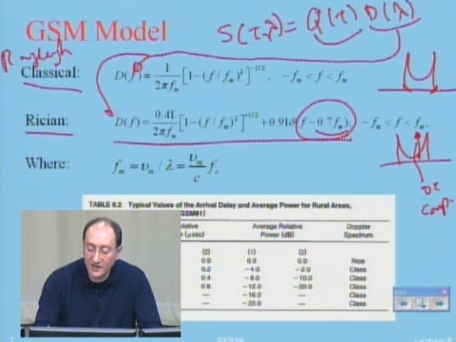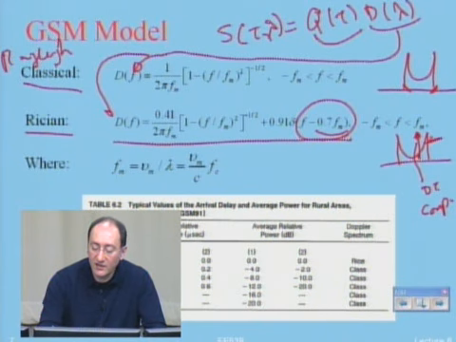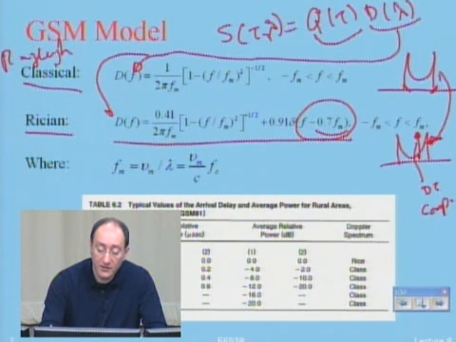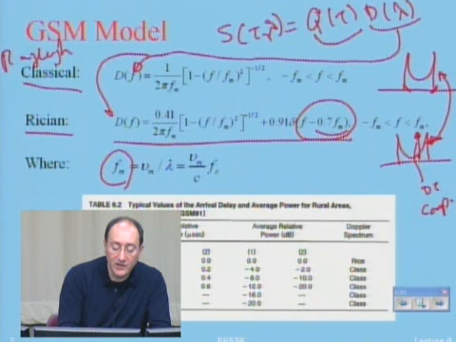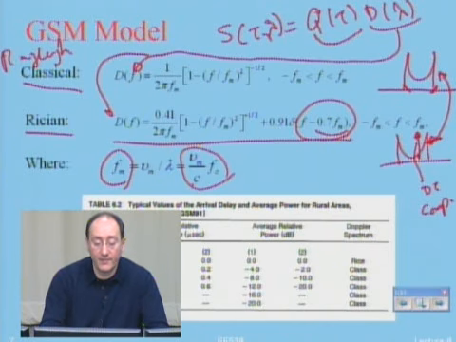And this is the DC, and this is the Rayleigh variations, which is similar to the other one. Okay? And you calculate FM by velocity divided by lambda, which is Vm over C times Fc, that we have seen many, many times.